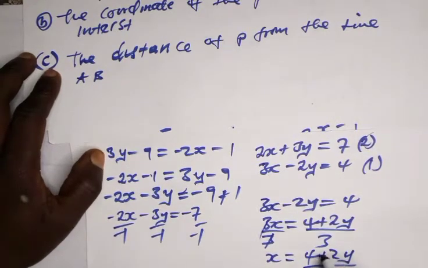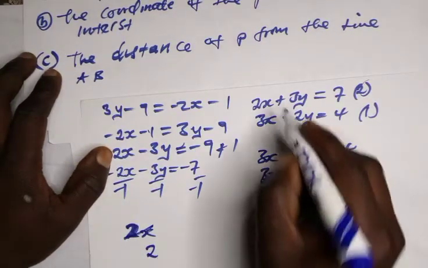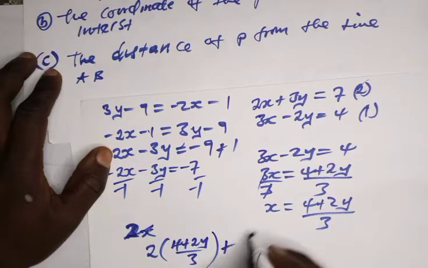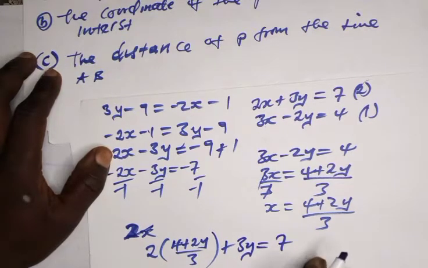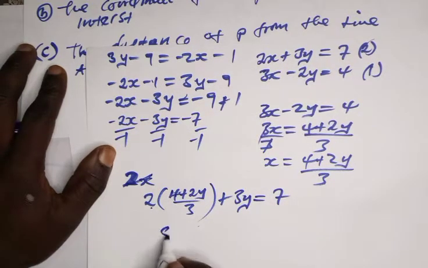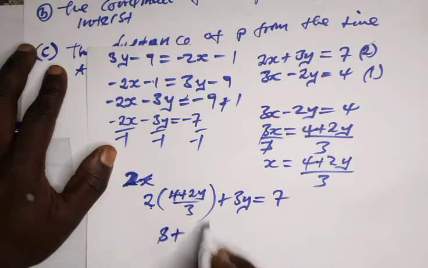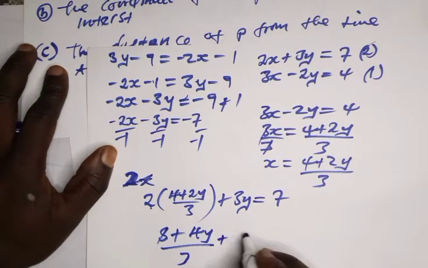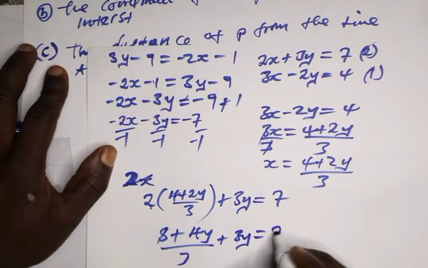Then let's substitute this equation into equation 2. Where there is x, we substitute with this equation which we have formed, which is 2 open 4 plus 2y over 3, then plus 3y, which is equals to 7. Then 2 times 4, which is 8, plus 2 times 2, which is 4y over 3, plus 3y equals 7.